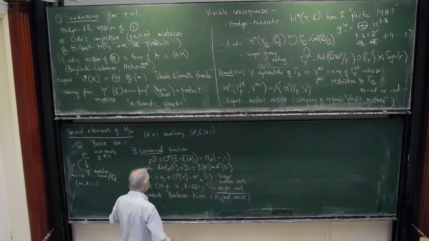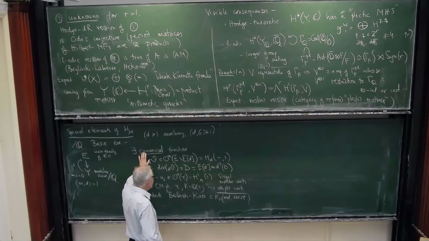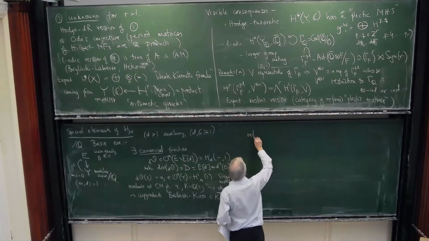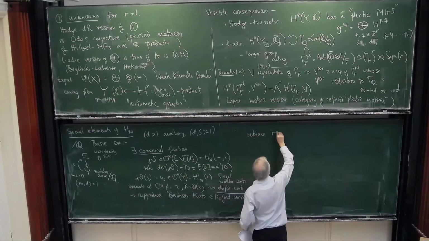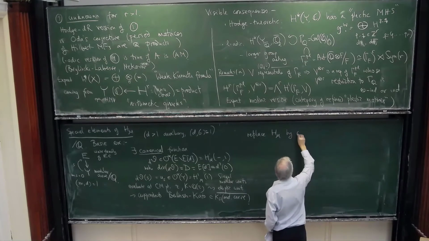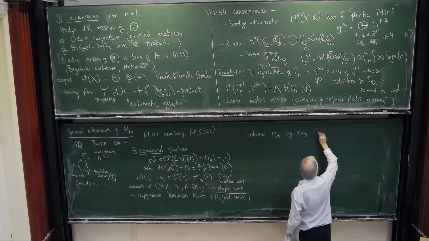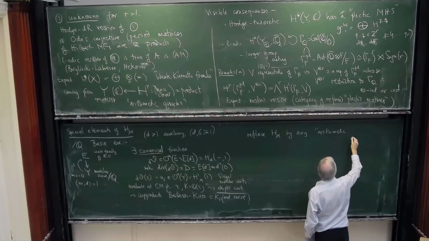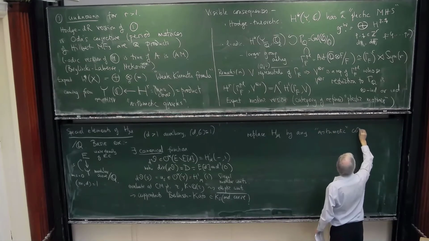Now, this construction, if you do it the right way, works not just for motivic cohomology. You can replace H_M by any, well, I will define this precisely, any arithmetic cohomology theory.